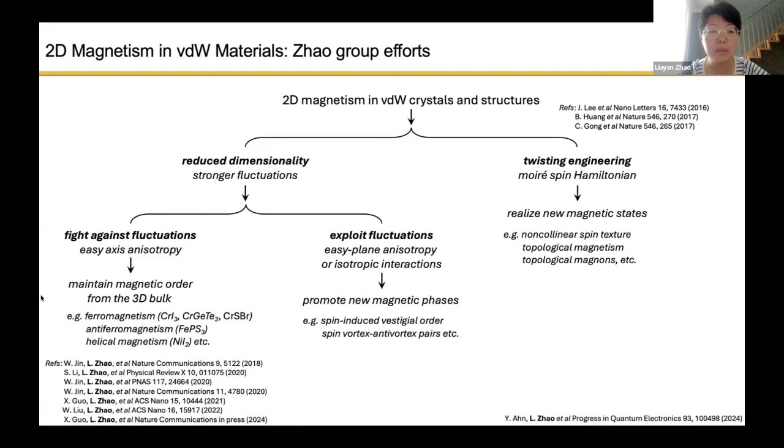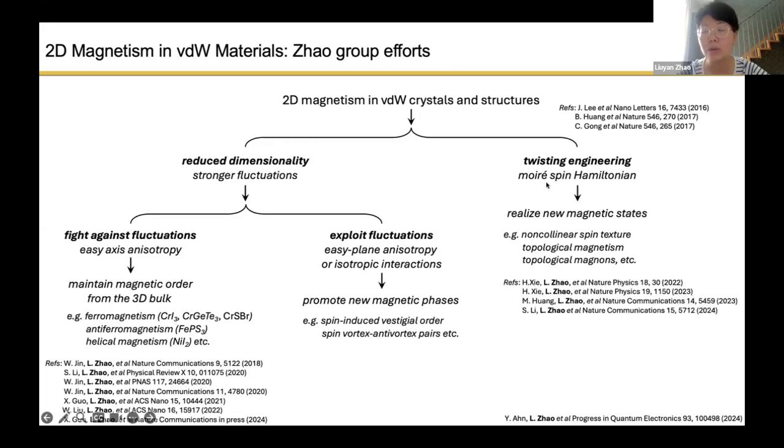Building on our understanding of chromium triiodide, we also made twisted chromium triiodide systems, trying to leverage this twist degree of freedom to realize non-collinear spins. So that's another aspect we have been focusing on. For this third aspect, utilizing fluctuations, it's more of our recent effort, and we are going to focus on it in this particular talk.